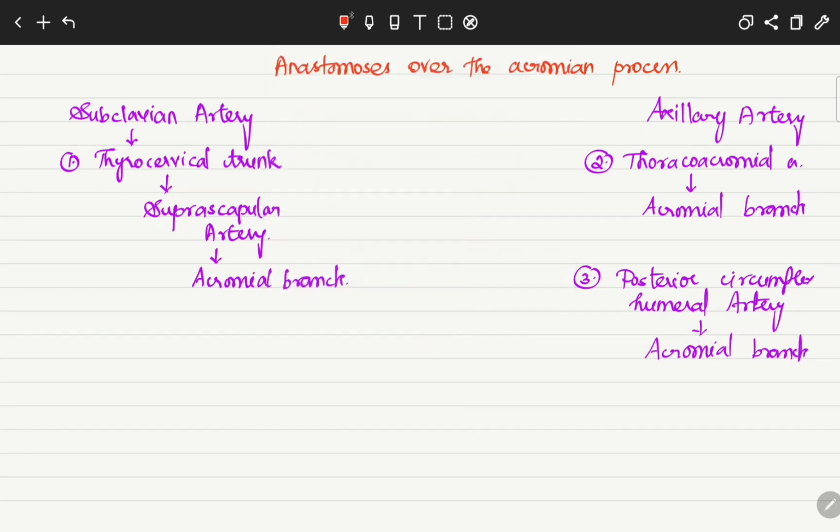So these acromial branches from the suprascapular artery, the thoracoacromial artery and the posterior circumflex humeral artery anastomose with each other over the acromion process. In a simple way, this can be called the anastomosis between the first part of the subclavian artery and the second and third parts of the axillary artery.